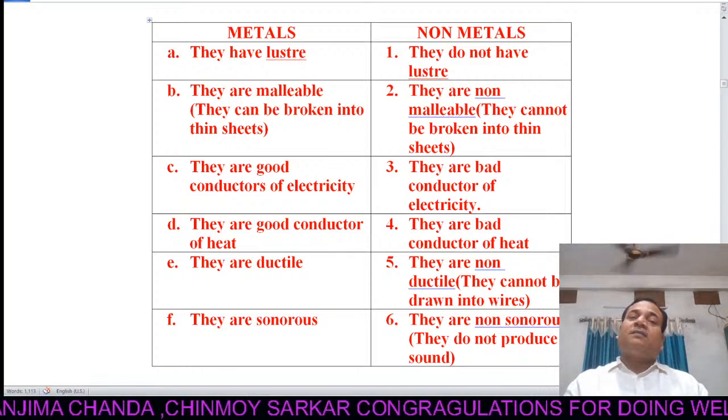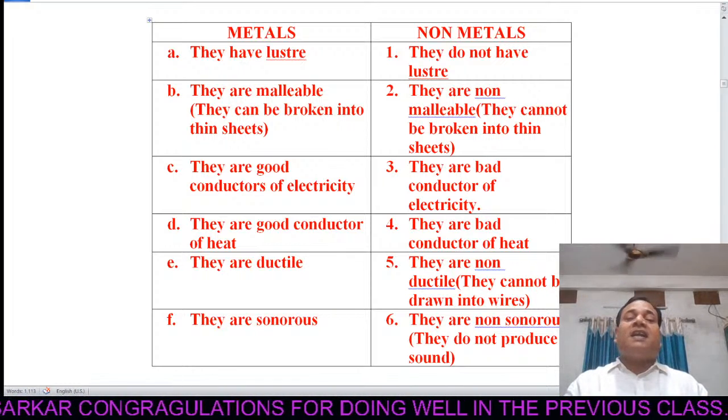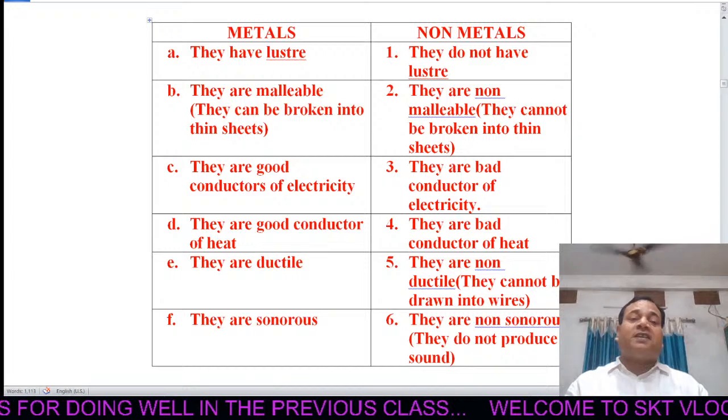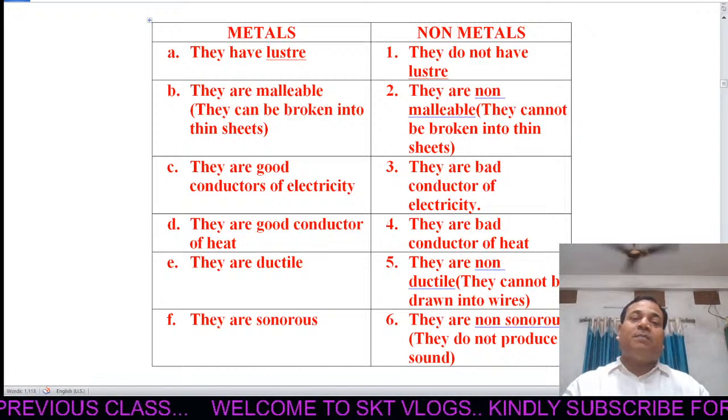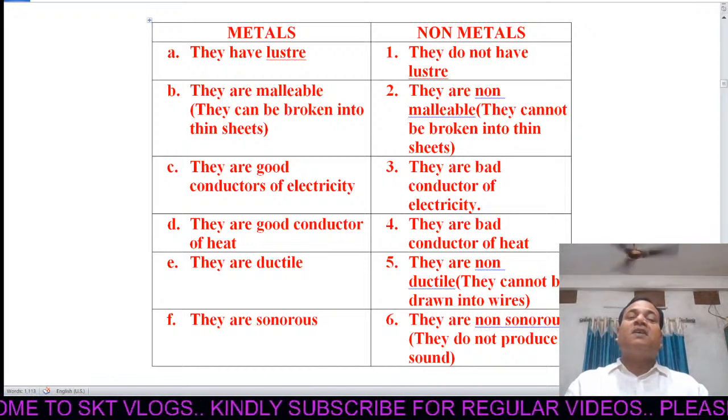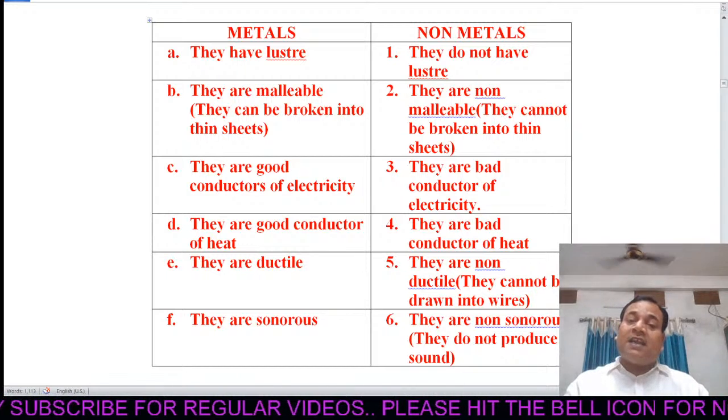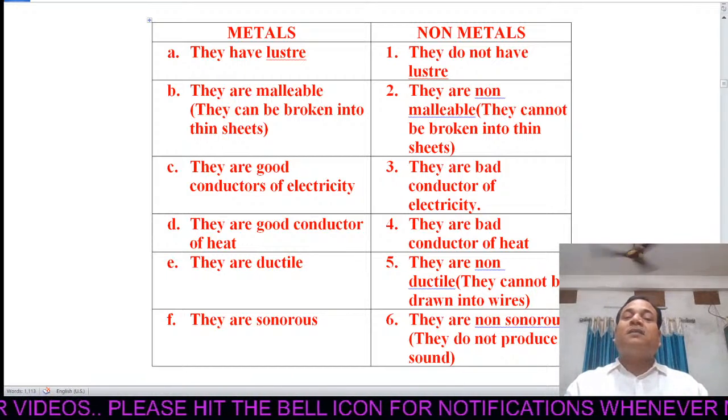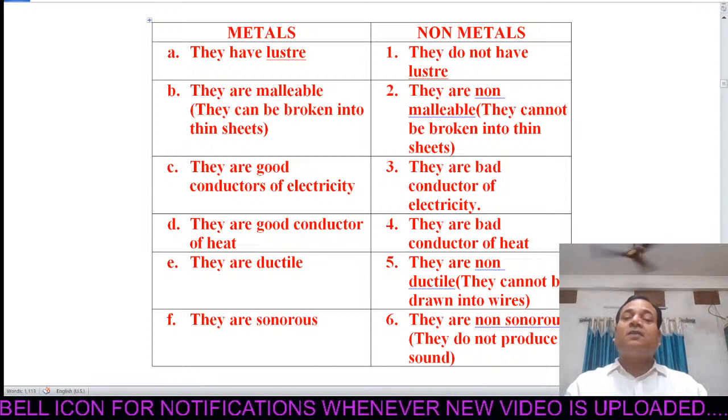Fifthly, metals are ductile. डक्टाइल माने इसको डक्ट बनाया जा सकता है, इसको ऐसे लंबा करके तार की तरह बनाया जा सकता है. So metals are ductile, but non-metals are non-ductile.